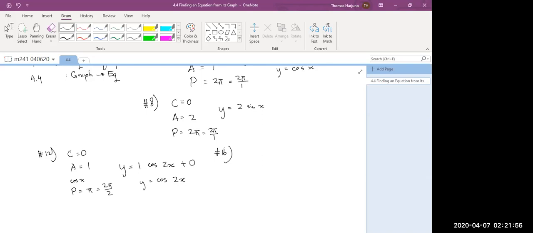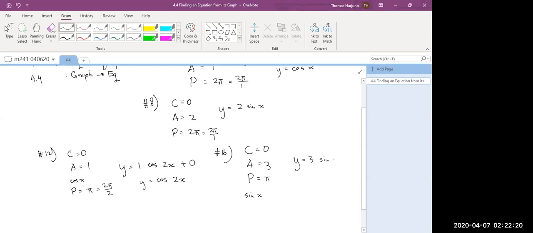Okay, number 16, the center is 0, the amplitude is 3, and the period is pi. Is it sine or cosine? Sine. So y equals 3 sine what?